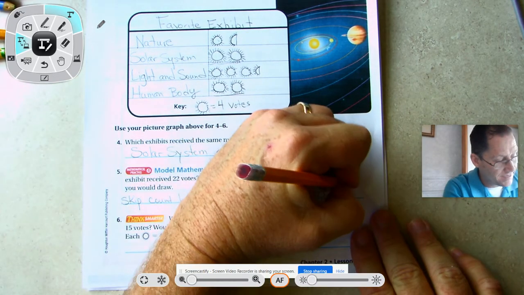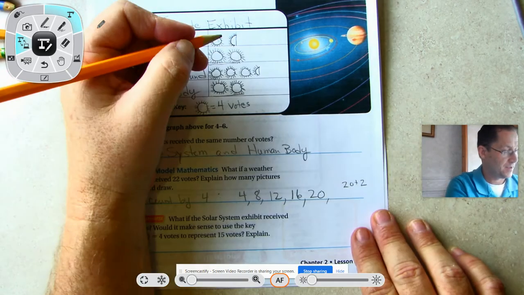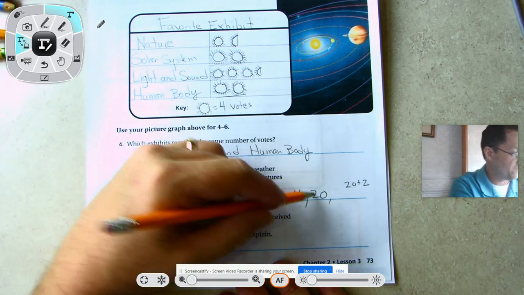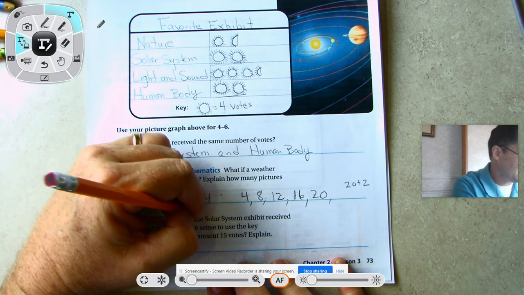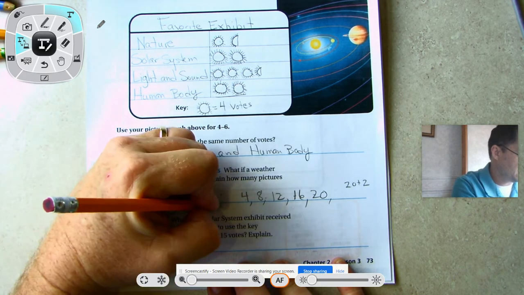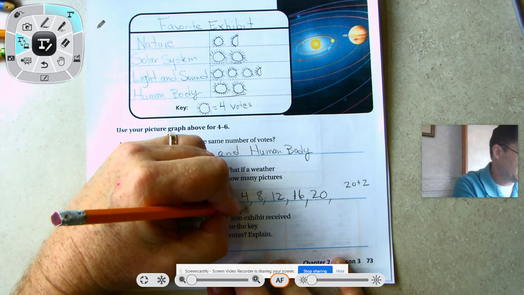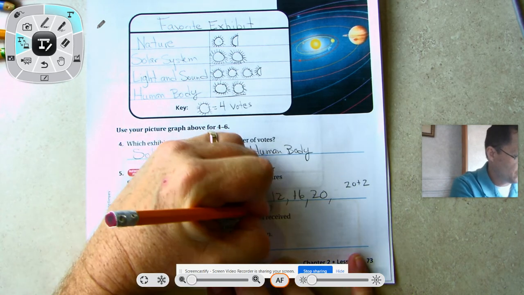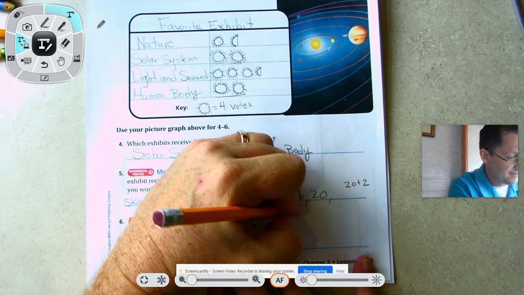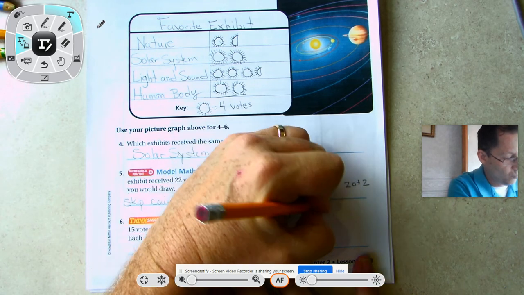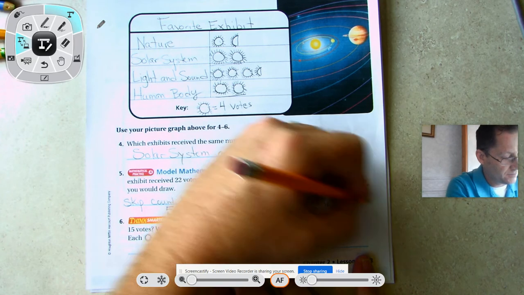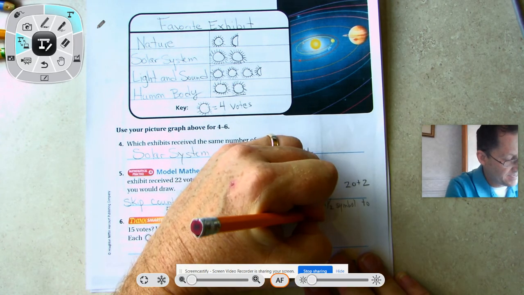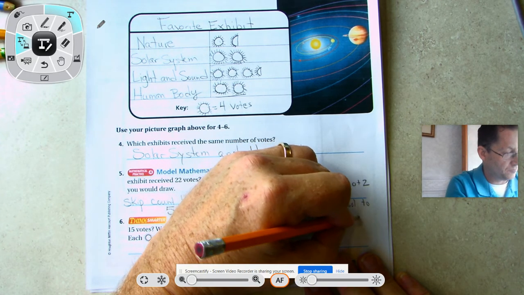So I'm going to go 20 plus 2. So that's going to be 1, 2, 3, 4, 5 symbols to represent 20. And then 1/2 symbol to equal 2.